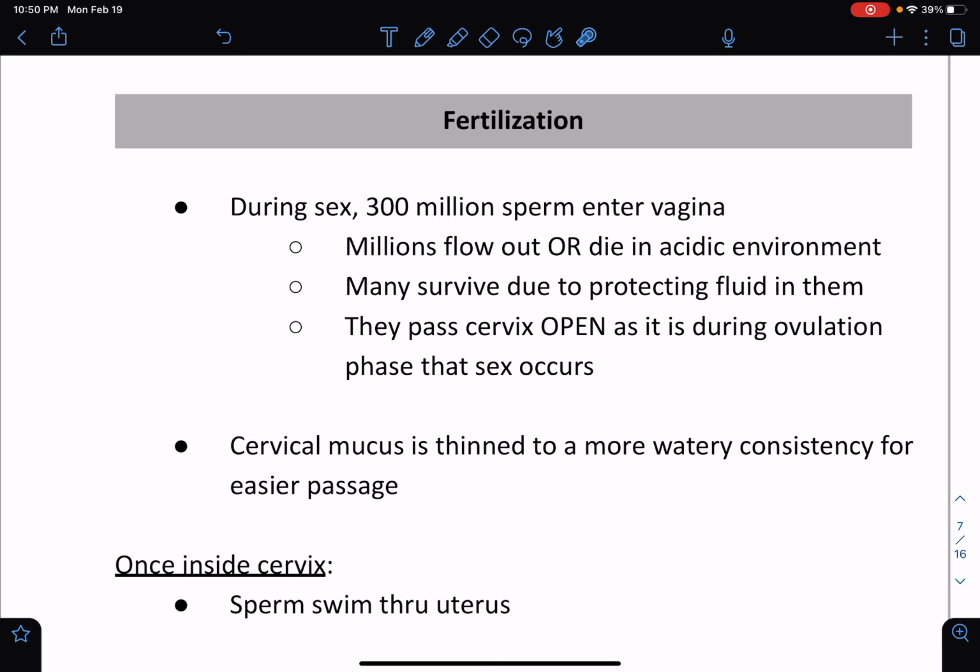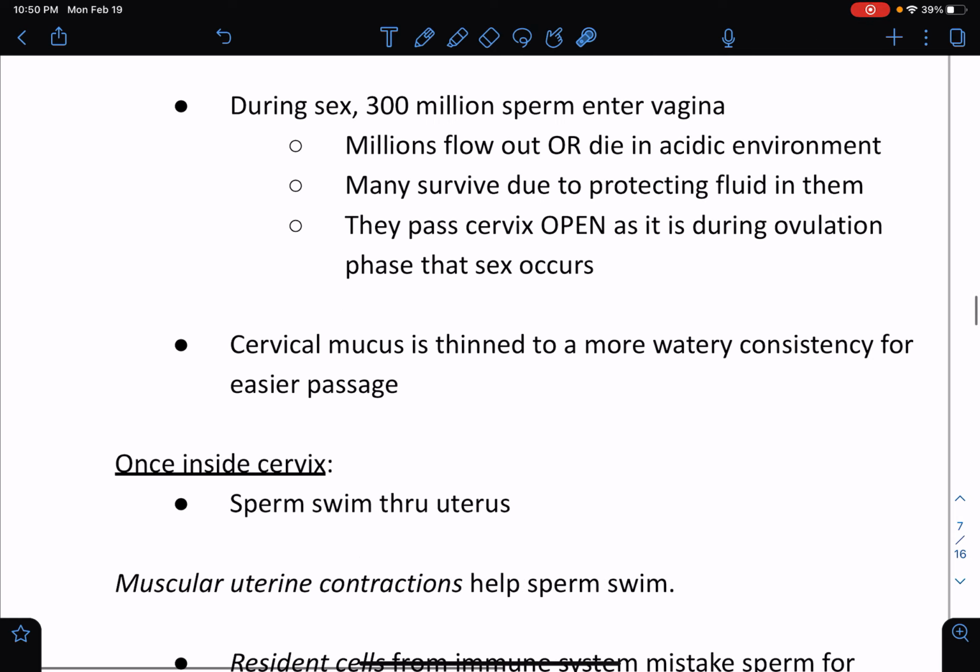And cervical mucus is thinned to a more watery consistency for easier passage. Cervical mucus, just like the mucus produced by, I believe, the Cowper's gland or the bulbourethral gland in the male reproductive system, is generally intended for lubrication.